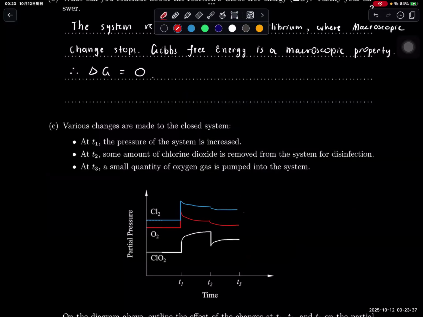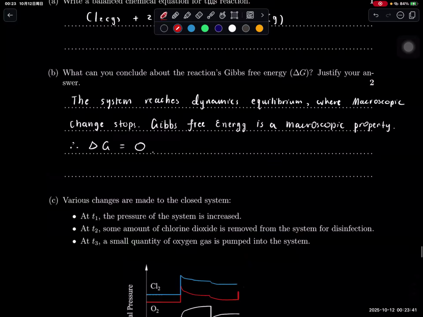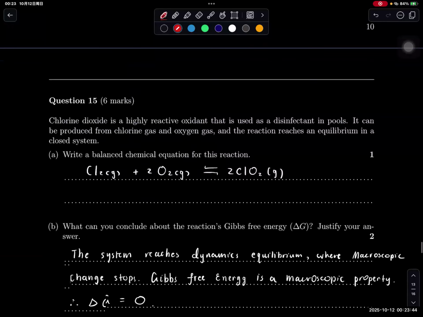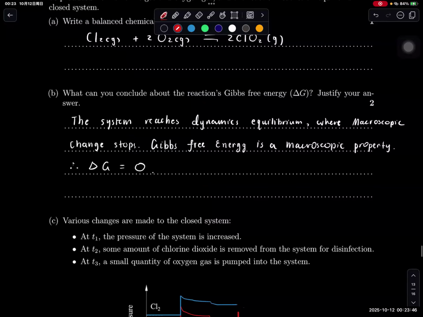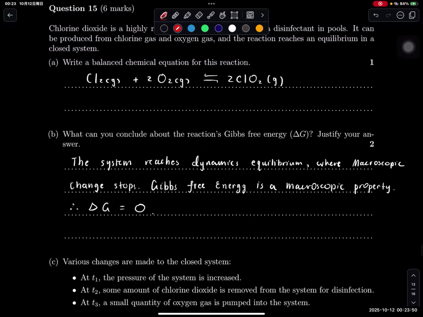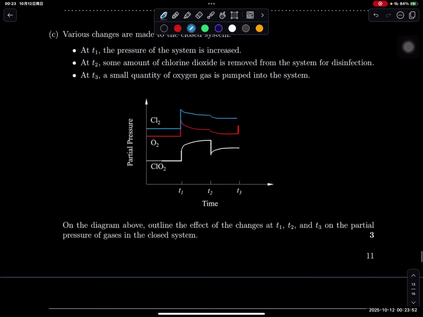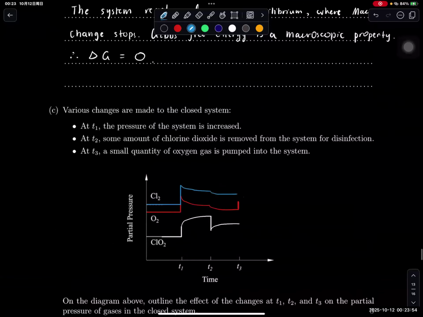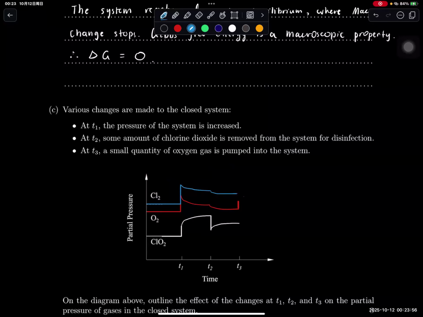Okay, so oxygen is pumped into the system, a small quantity. Now the reaction will shift forward and consume the chlorine gas. So chlorine will decrease by 1. And then oxygen will decrease by 2 because of the molar ratio.